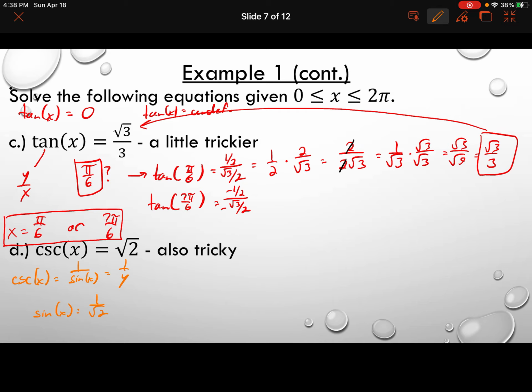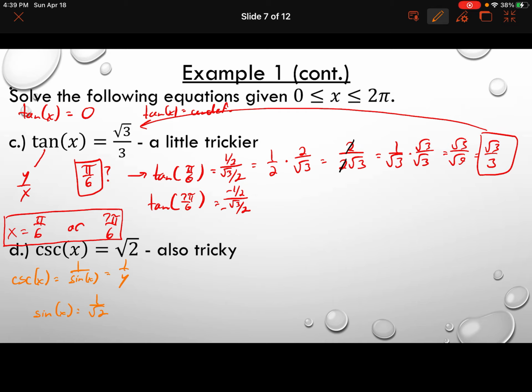I literally just took the square root of 2 and flipped it, or put it under 1. The reciprocal of square root of 2 is 1 over the square root of 2. Cosecant and sine are reciprocals of each other, just like secant and cosine, or cotangent and tangent.